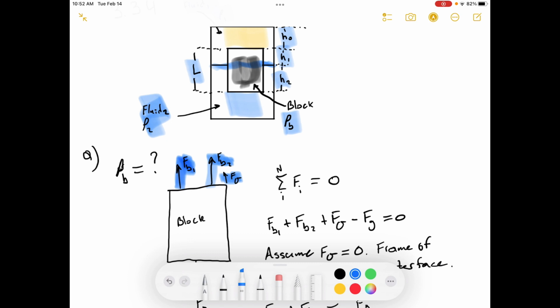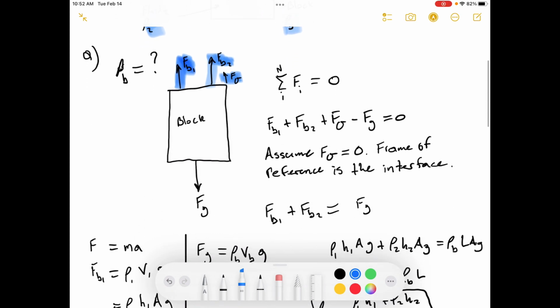Now, normally surface tension forces are pretty small, so it depends on how dense the block is, and how dense the fluids are. The surface tension force may or may not be negligible in this instance. But for the sake of this problem, since we haven't looked into how to calculate surface tension forces, we're just going to leave it out. Assume that it's negligible.